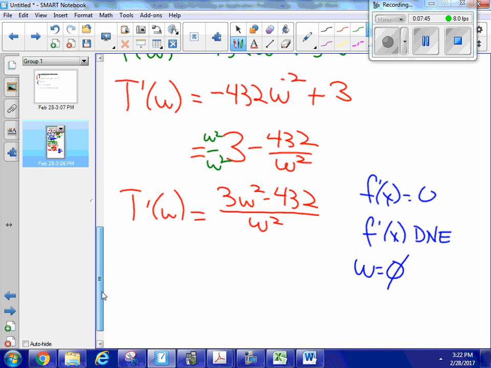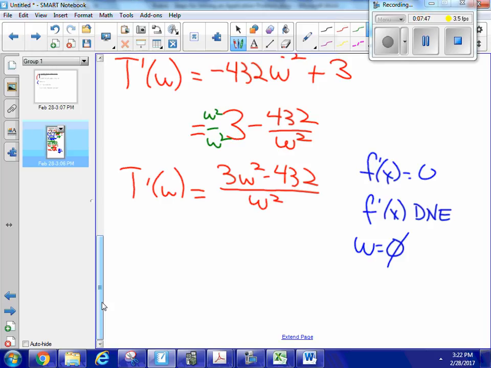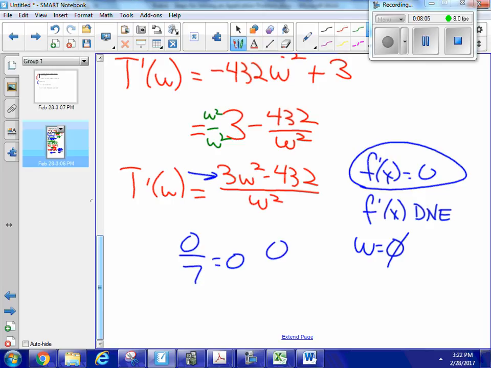What I really want to find out is where the derivative equals 0. And I know that if the numerator equals 0, the whole thing is going to be equal to 0. For example, 0 divided by 7 equals 0. 0 divided by 123 equals 0.